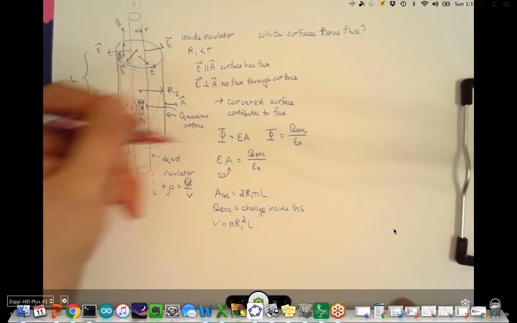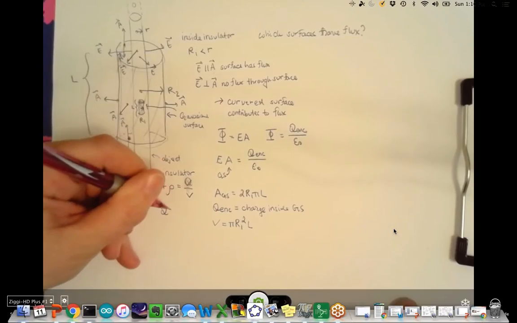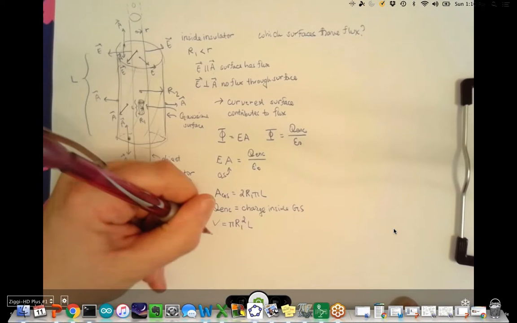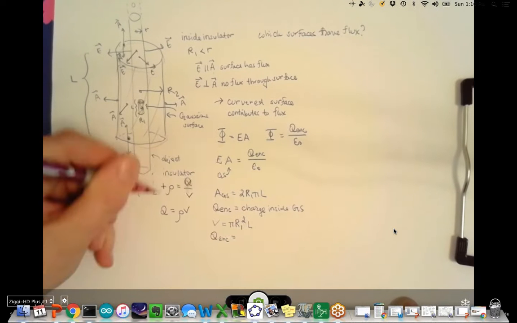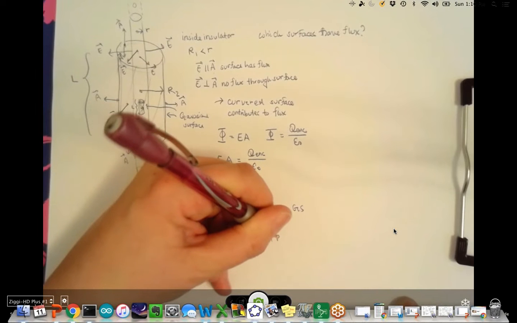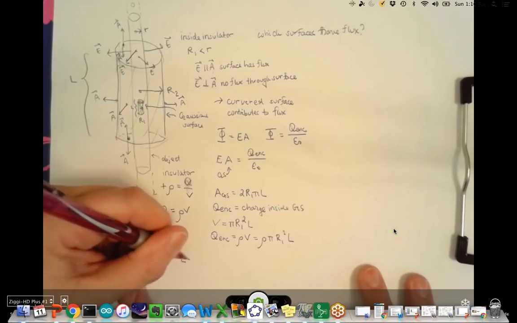And this enclosed charge, we said rho is equal to Q over V, so Q is rho times the volume, so our Q enclosed is going to be the charge density times the volume, which is rho pi r1 squared L. And then we're going to rearrange E.